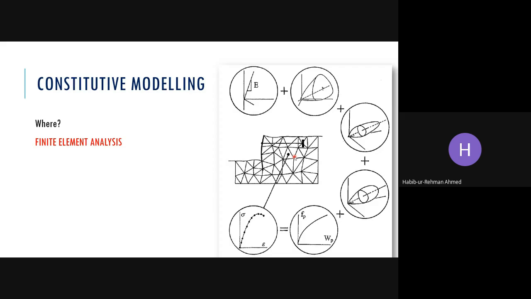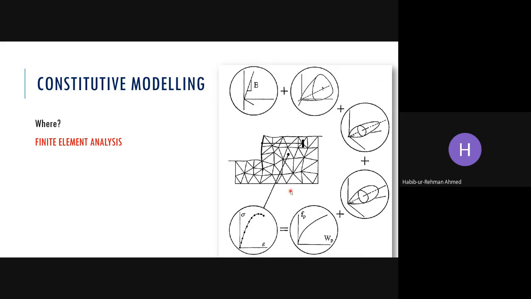But if the material is soil, it's highly unjust to call soil a continuous material. It's basically granular material. So in order to define the behavior of this granular material, most of the time we consider it as a continuum, and then we go with the finite element analysis.